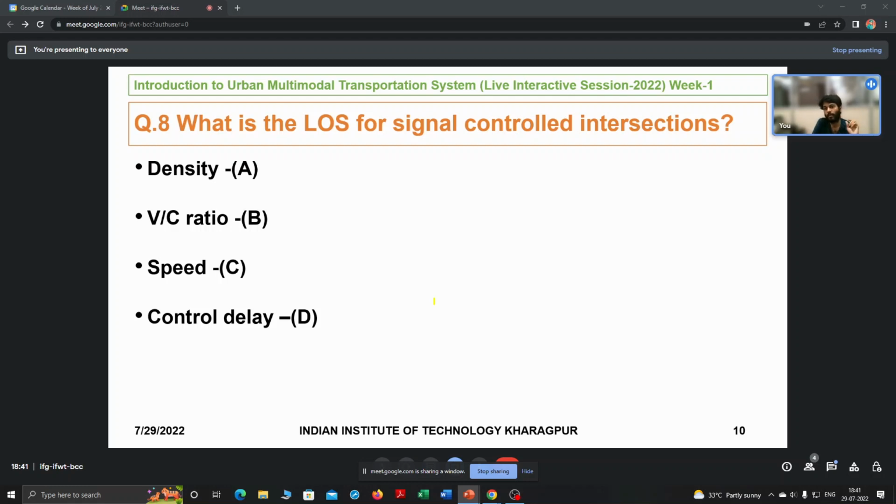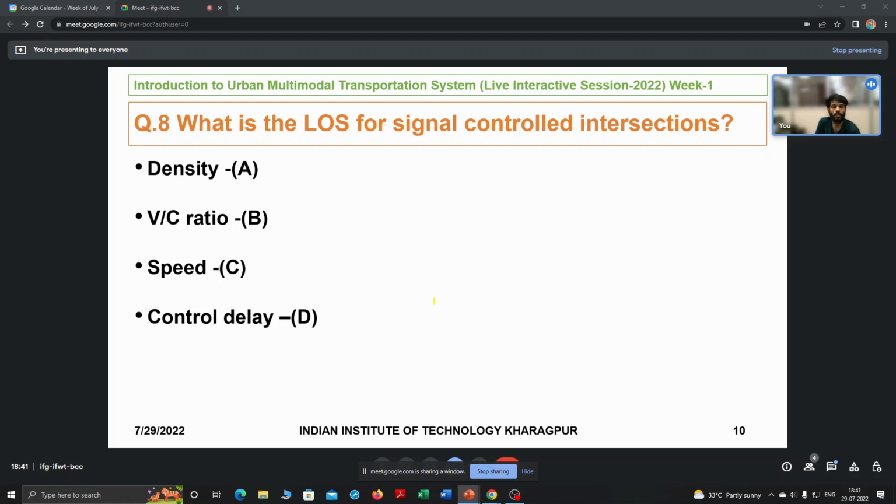Like if the density value is in this range, then your level of service is A. If your density is more, then your level of service is bad. If the density is less, then your level of service is better. It's like that.